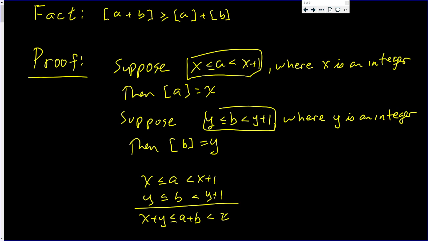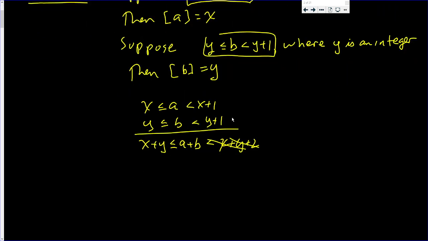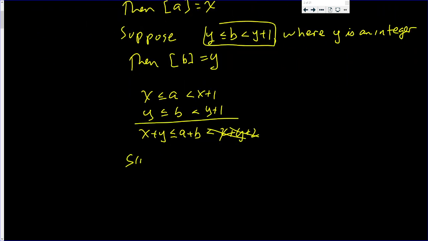I don't really care about this. I don't really care about this. Since x plus y is an integer, that implies that the greatest integer of a plus b is greater than or equal to x plus y.